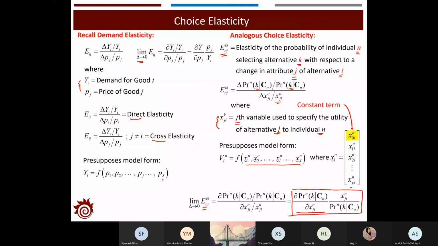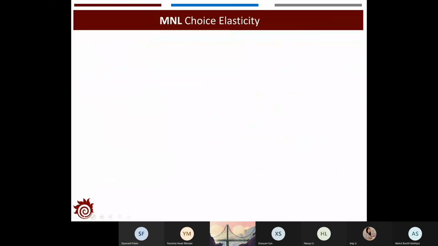So here we will have a very complicated mathematical derivation, but it starts from the multinomial logit model. We know that the probability of k will be the exponential of vk, that's the deterministic component of the utility, divided by the summation of the exponential of vl for all the modes.